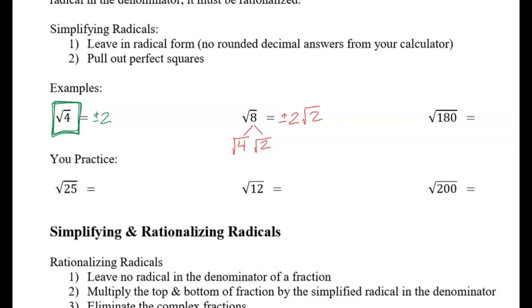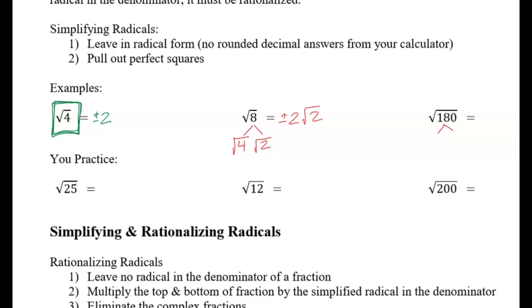What about 180? Does anyone know a perfect square that goes into 180? The biggest perfect square that goes into 180 is a factor. I'm asking for factors that multiply to give you 180. No, neither of those are perfect squares. Yes, but there's a bigger one.